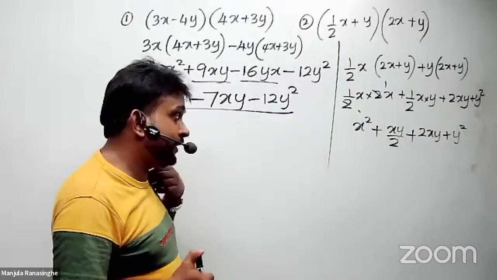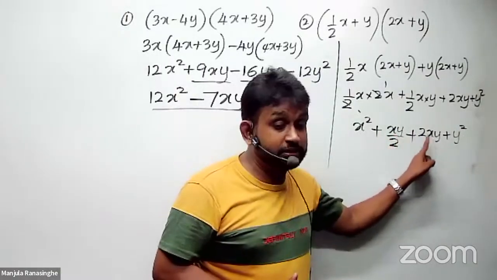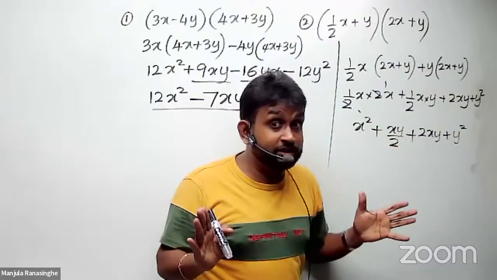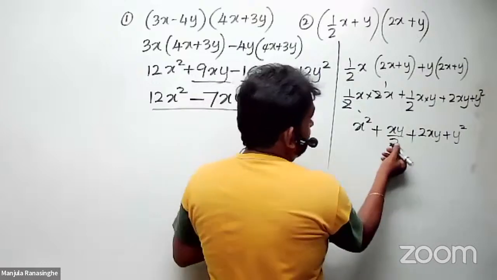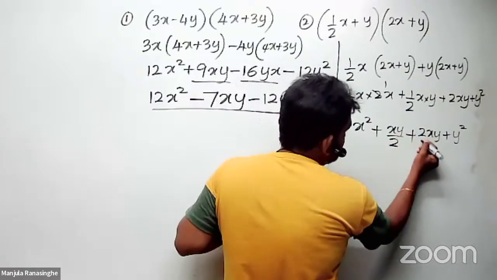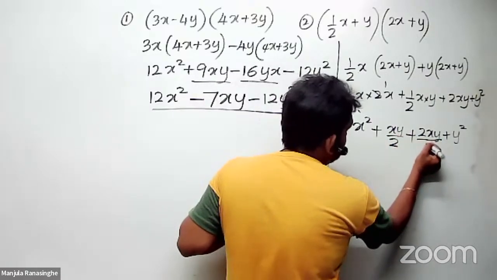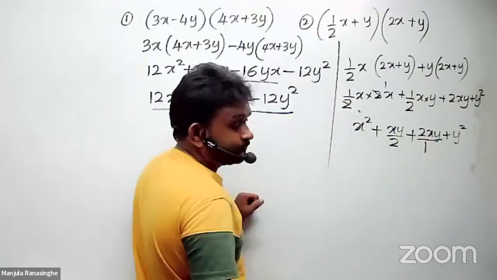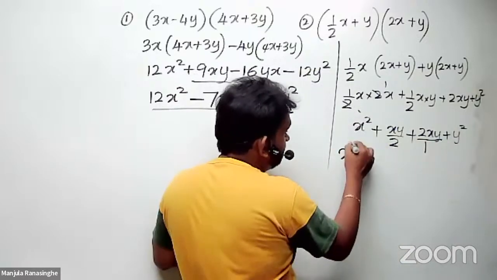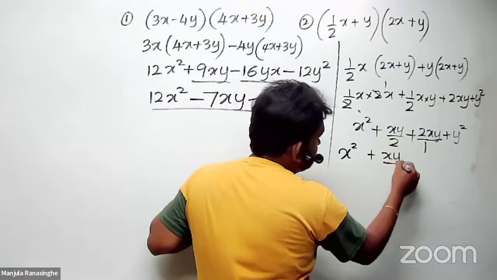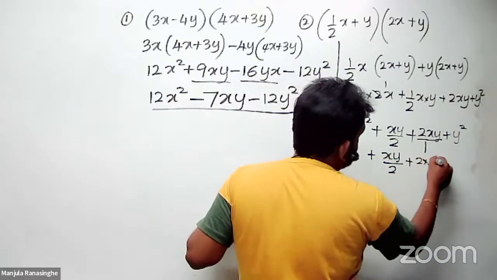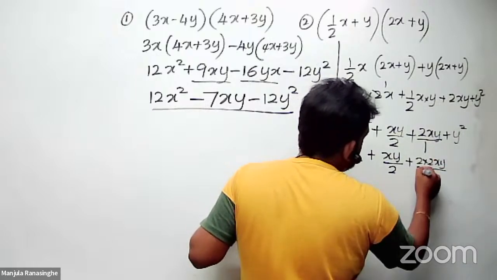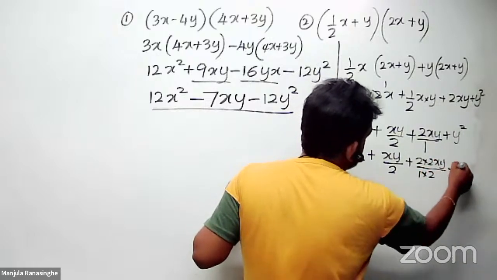Then here the xy terms are similar terms, so you have to add these two. How? This is a fractional coefficient for the xy term, so I make a denominator here. We already have denominator 1. So how do I simplify this? Make the same denominator. 1 is there, so you multiply by 2 on both sides. 1 into 2, 2.